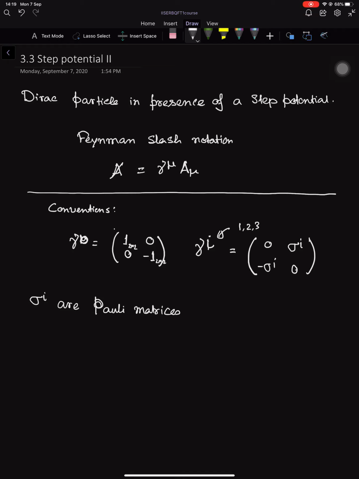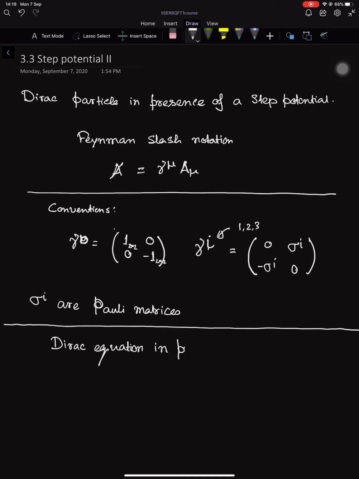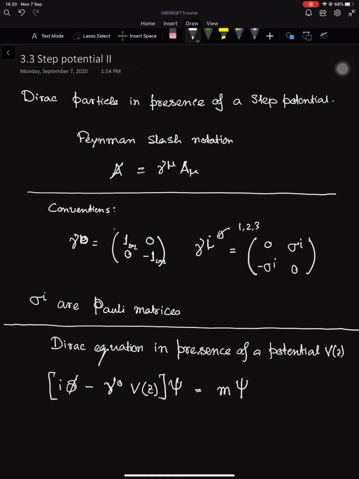So then the Dirac equation in presence of a potential takes the following form: i del slash minus gamma 0 V of z, acting on the Dirac wave function, is m times the Dirac wave function.